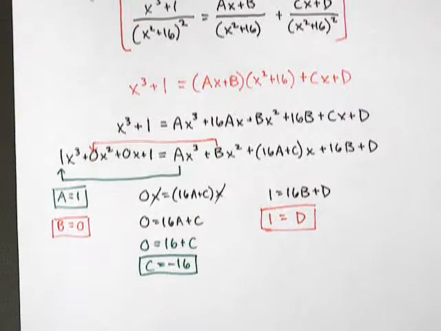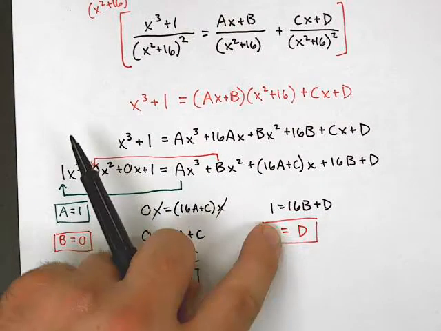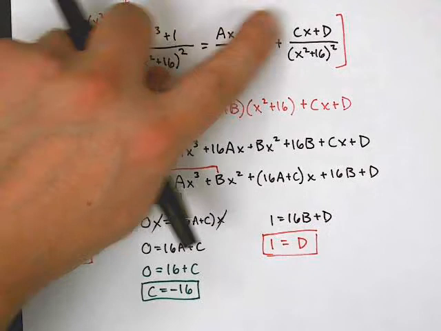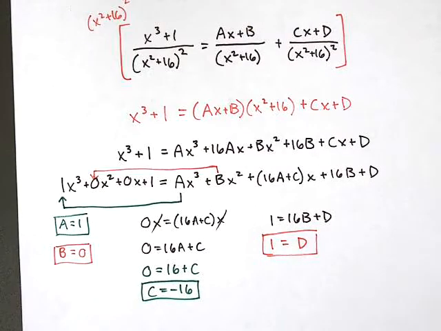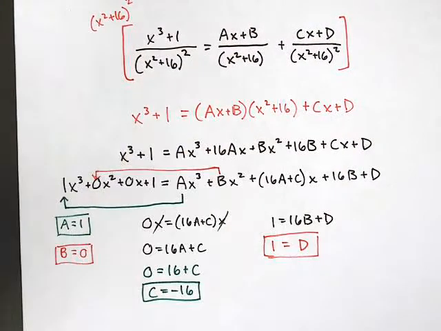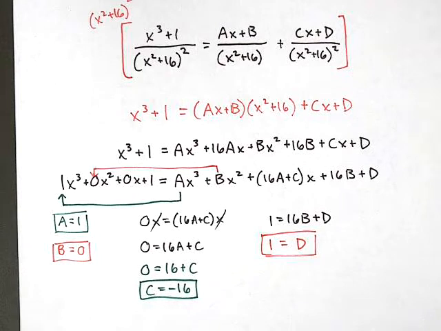Beautiful. I have everything. I have my a, my b, my c, my d. So all I do is take my a, b, c, d, and plug into the a, b, c, d from our original splitting or decomposition of our fraction.